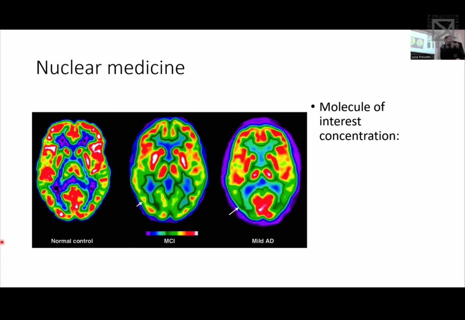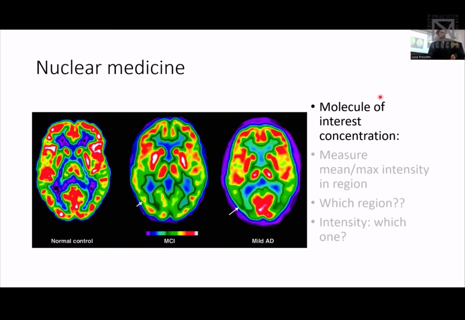So let's start from this case. We have nuclear medicine. In nuclear medicine, we look at the concentration of the molecule of interest. We know beforehand that we need to look here, and we see that here is less than here. So we can quantify the concentration and see if that's high or low.